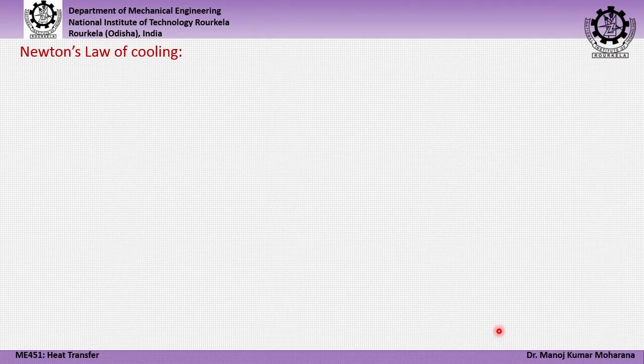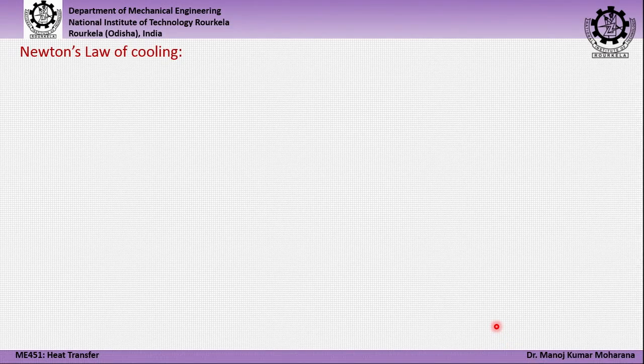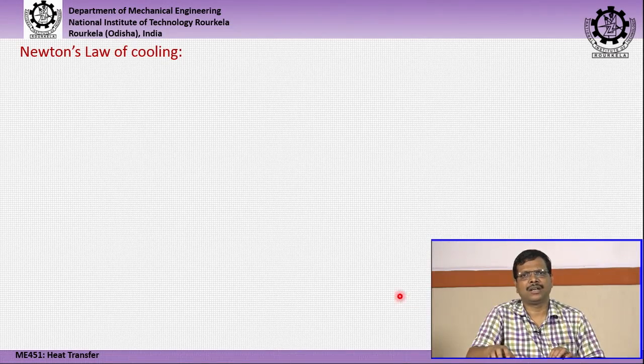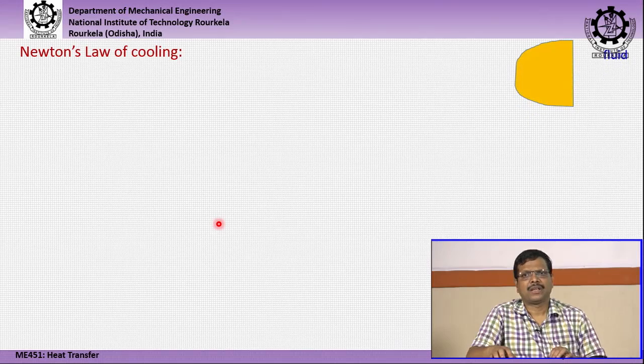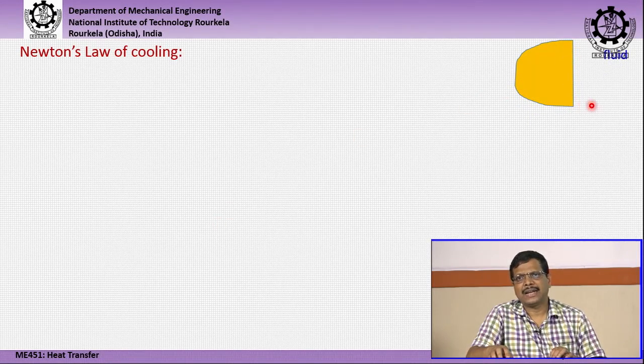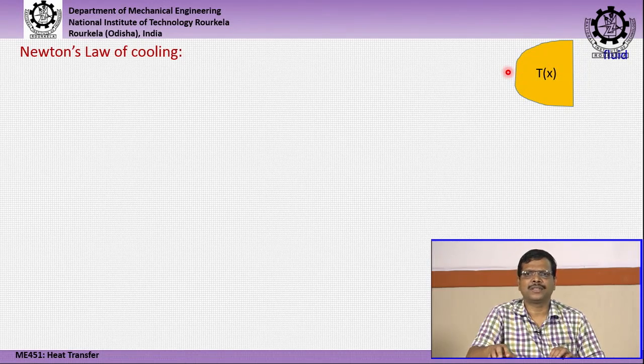Next we will go to Newton's law of cooling, which will tell you how to calculate total heat transfer by means of convection. Let us say we consider there is a solid surface and adjacent to the solid surface there is a fluid, and the temperature inside the solid is varying with space x.